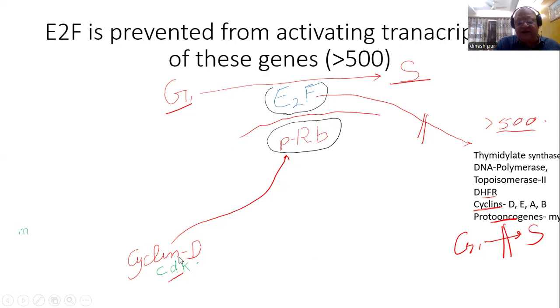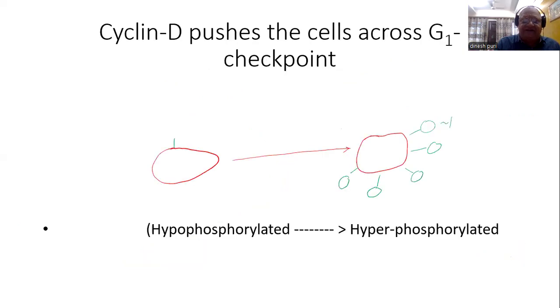Cyclin D is the ultimate puppet master which enables G1 to S crossing. Cyclin D, the puppet master, pushes the cell across the G1 checkpoint.